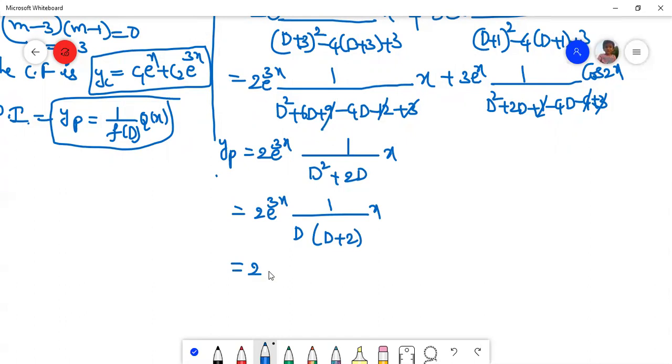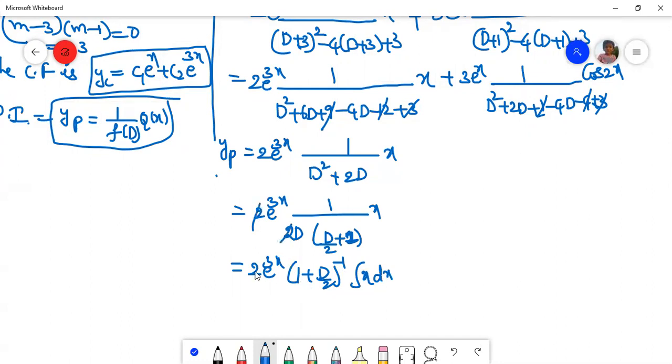It is equal to 2 e power 3x, 1 by D means integration, and here 2 is taking common, then it becomes D by 2 plus 1, that is 1 plus D by 2 whole inverse into integral x dx.